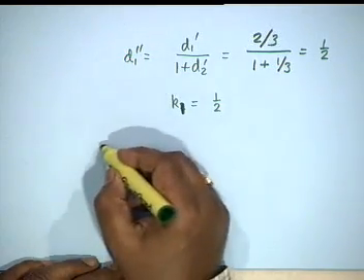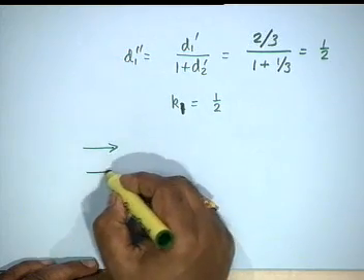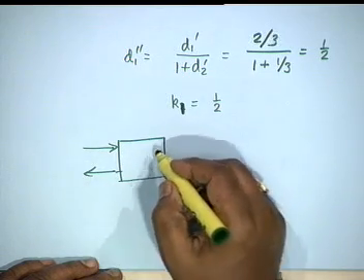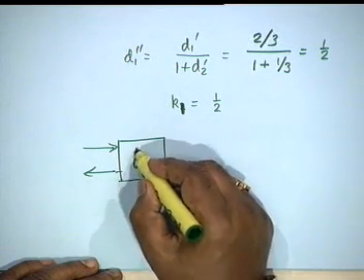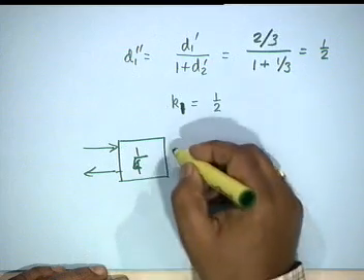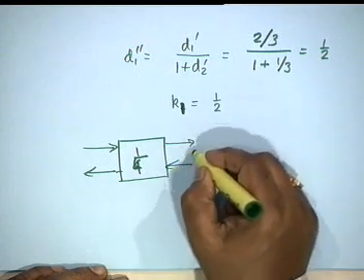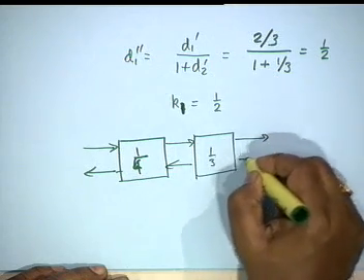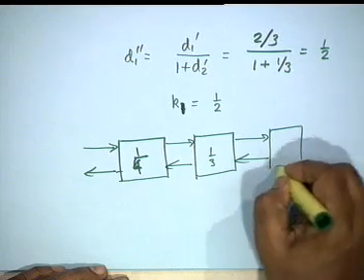And therefore, I can write my lattice as 1/4, the next one is 1/3, and the next one is half.